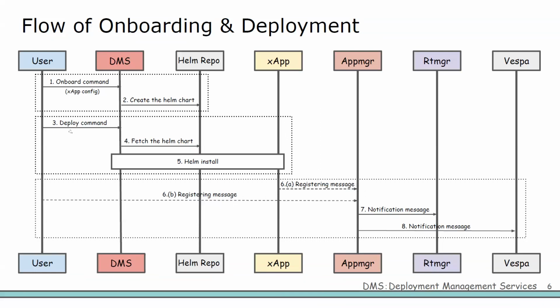So we need to send the register message to the xApp manager. The xApp manager receives the register message, and it can notify the routing manager and the VSPA, telling them to inform the xApp information.